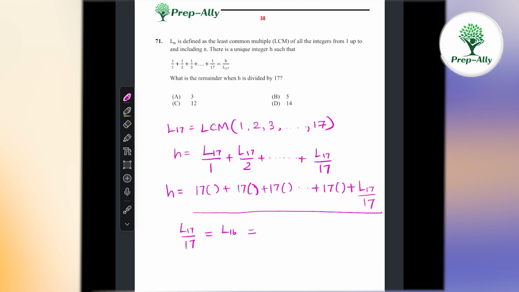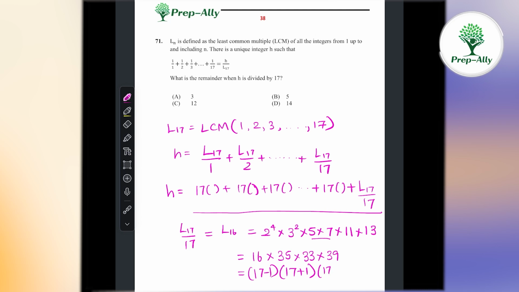Which equals 2 power 4 times 3 squared times 5 times 7 times 11 times 13, and this can again be written as 16 times, so we can combine these two and write 35 times 33 times 39, which again is equal to 17 minus 1 times 17 plus 1 times 17 times 2 minus 1 times 17 times 2 plus 5, right?